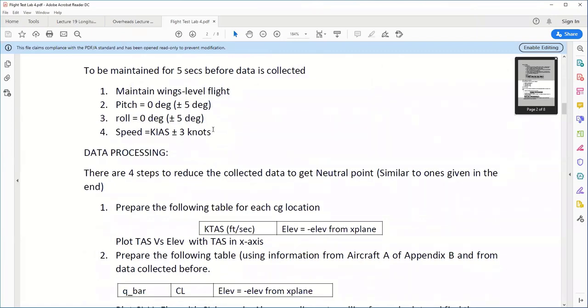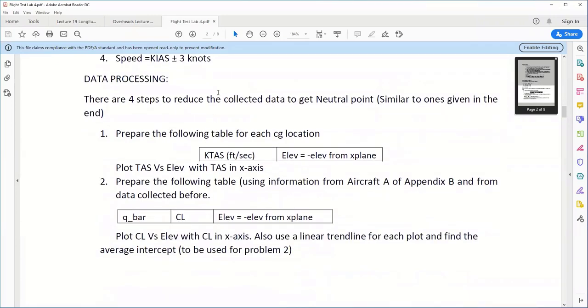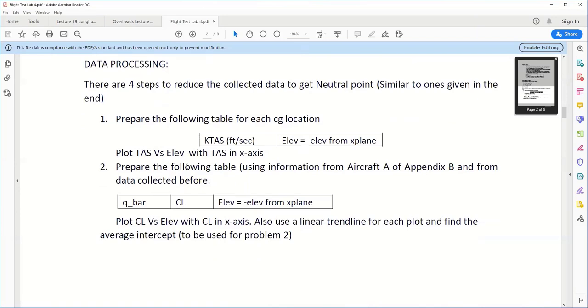Okay, we'll go to data processing. First step, we'll convert all the indicated airspeed to true airspeed from X-Plane. And then you convert all the elevator angles to negative elevator angles. It's because of the conventions in X-Plane and what we actually use. And then plot the true airspeed versus elevator.